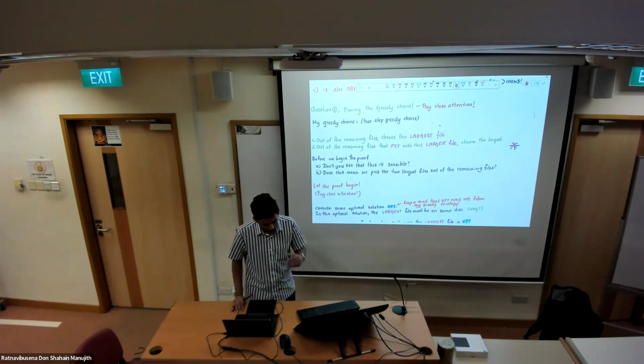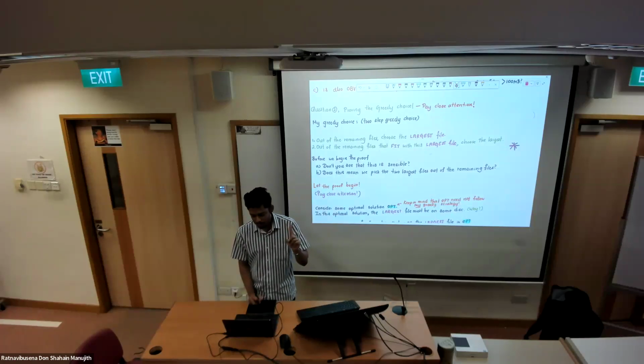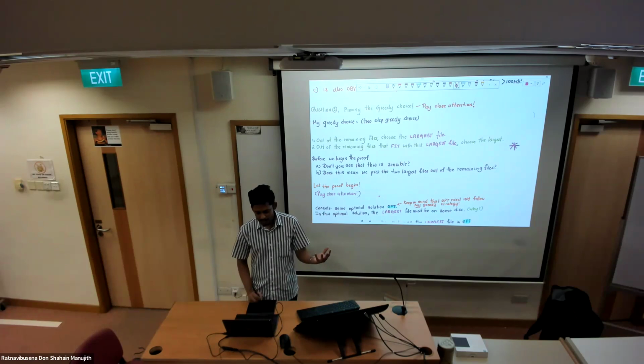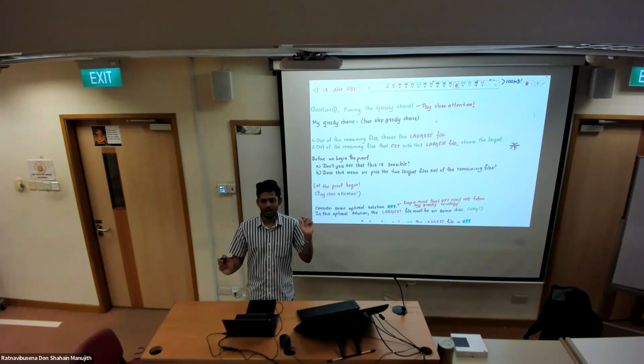Our goal is that we are going to modify OPT, in one step, to follow this greedy choice and not hurt the optimality of OPT. We have an optimal solution that someone gave us. If it follows the greedy strategy for the first step, then we're done, because we inductively prove this.